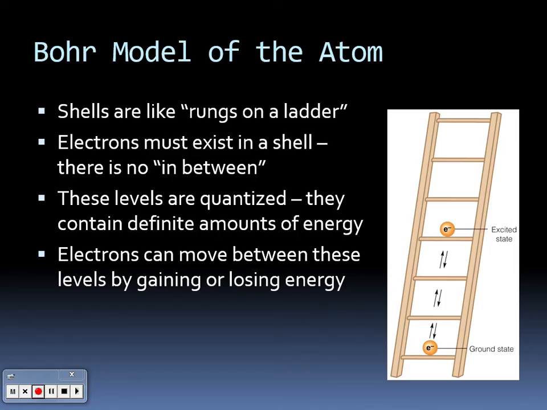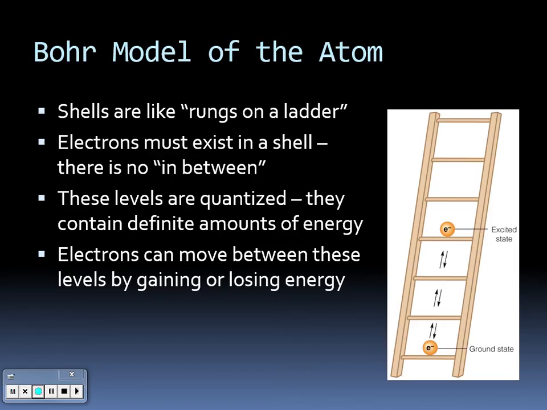You go up the ladder. Just like when you go up the ladder, what happens to your potential energy? It increases. You can move down the ladder, but that means you have to lose energy. What we find out is that light from the photoelectric effect allows those electrons to move up the ladder and in some cases completely off the ladder if there's enough energy.